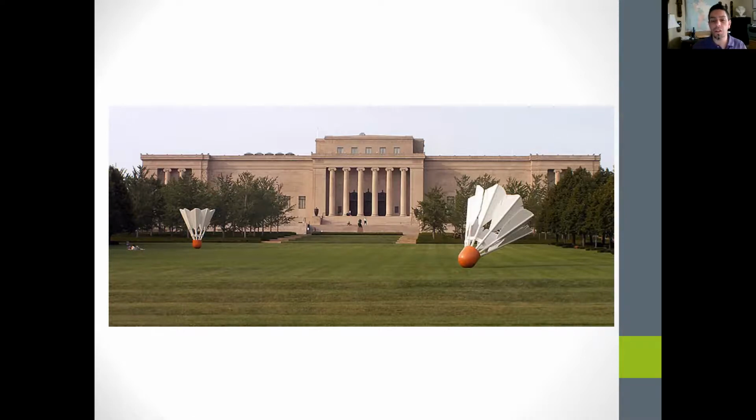These are very large scale shuttlecocks, and hopefully you know what a shuttlecock is. It's this little object that looks like a ball with feathers, and is used to play a game similar to tennis, or kind of in between those two. Now it's normally associated with the higher class.